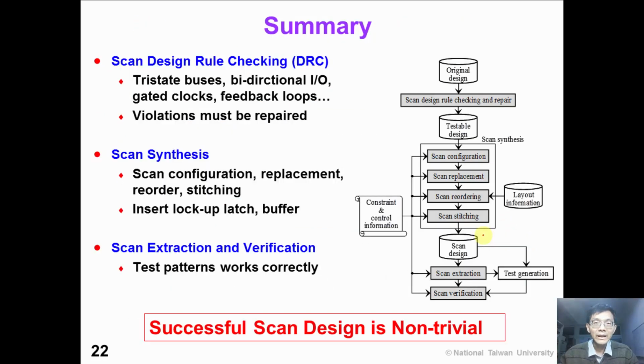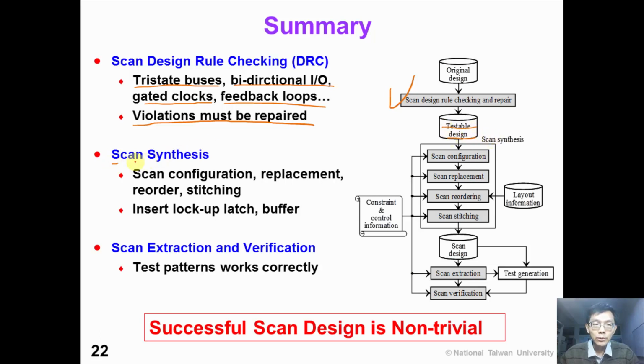In summary, in this video, we have shown the scan design flow. Starting from the scan DRC, we need to check the original design if it has tri-state bus, bidirectional I/O pins, gated clock, combinational feedback loop, and etc. We will need to repair these violations before we have a testable design.